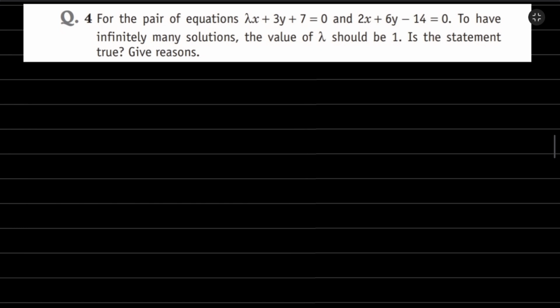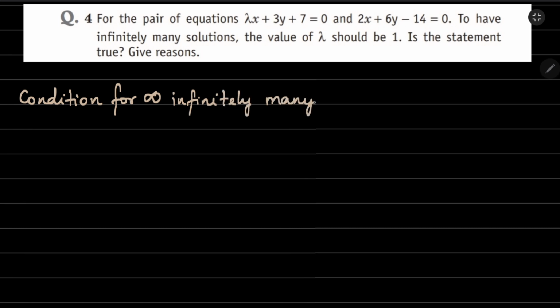For the pair of equations lambda x plus 3y plus 7 equal to 0 and 2x plus 6y minus 14 equal to 0, to have infinitely many solutions, the value of lambda should be 1. Is this statement true? To have infinitely many solutions, all the three ratios have to be the same.